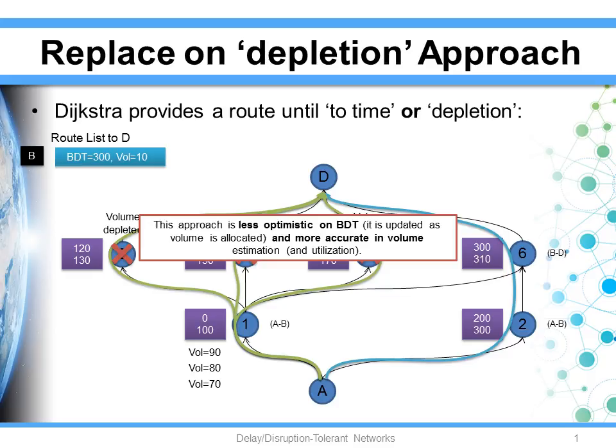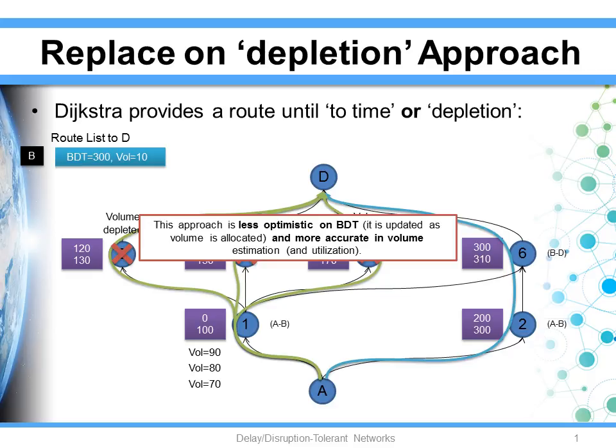So this approach is a little bit less optimistic on the best delivery time, because as we replace routes, because depletion happens, the best delivery time will eventually increase in relation to the previous approach. This increase is because we are actually using and consuming the volume of contacts.